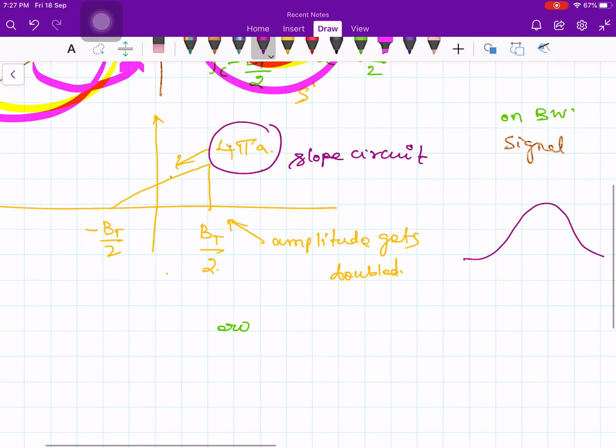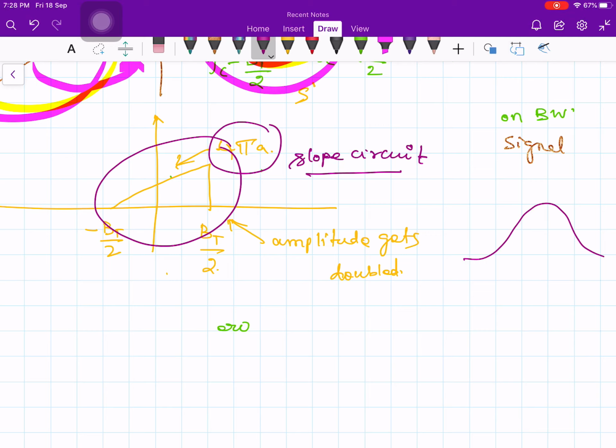This is no more a bandpass filter, it is a slope circuit, which of course practically you realize through a bandpass filter.